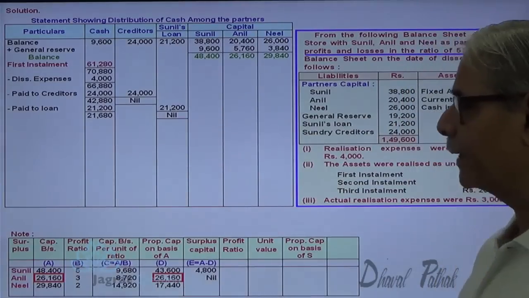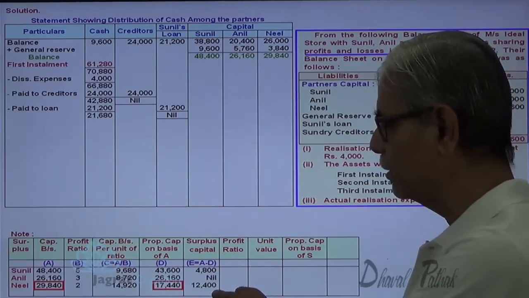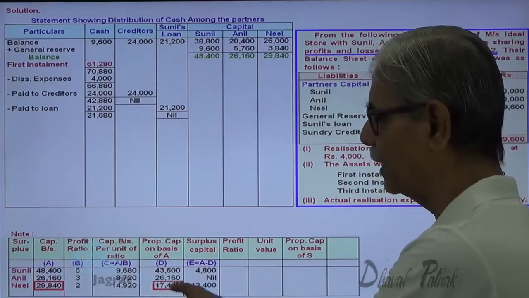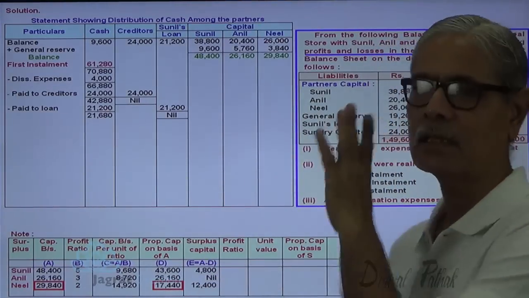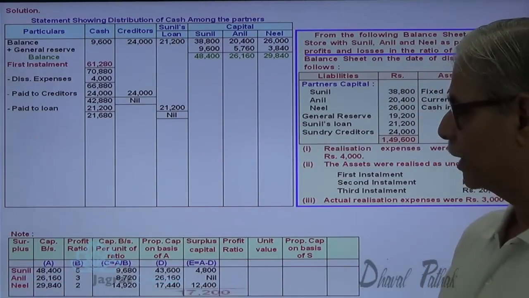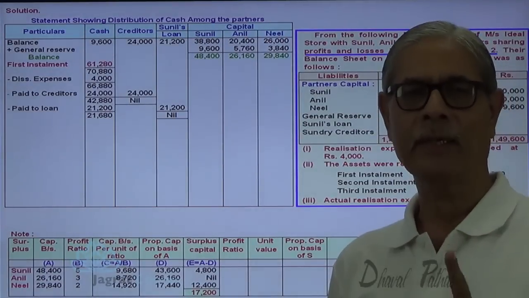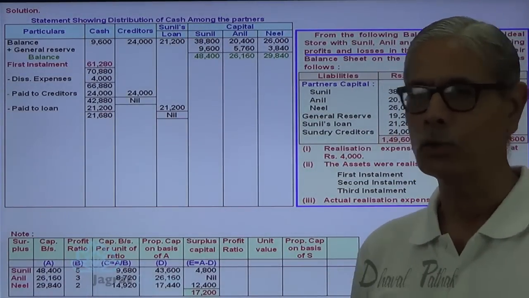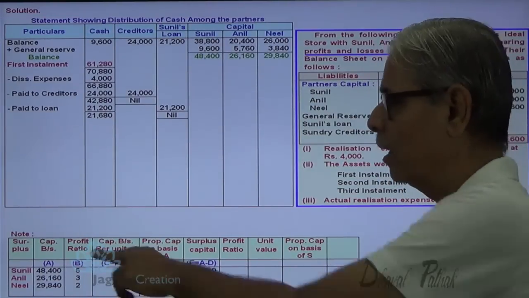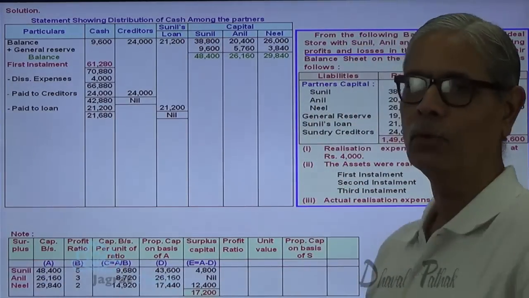But if you want to find out Neil's excess capital contribution, that is 12,400, how is it found out? 29,840 minus 17,450, this is the surplus capital. So this total surplus capital works out to be 17,200. Now, if you have a cash balance of 17,200 available for distribution right now, pay Sunil 4,800, pay Neil 12,400.